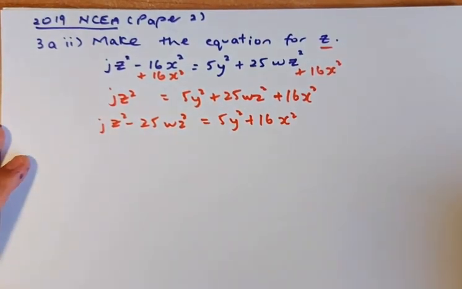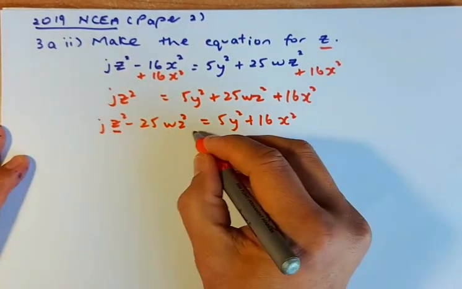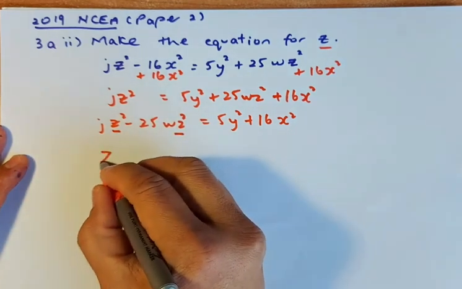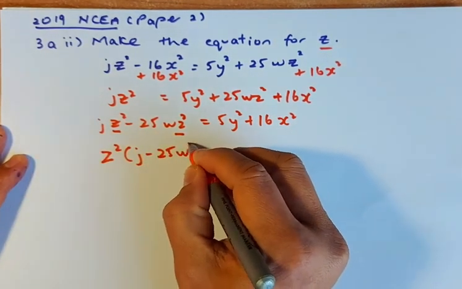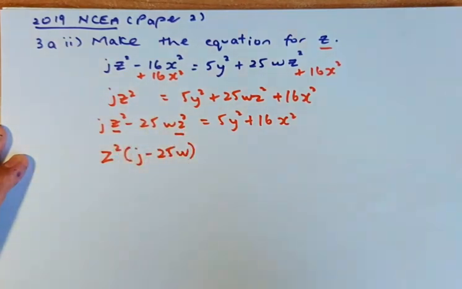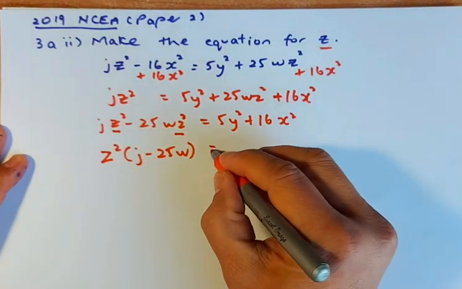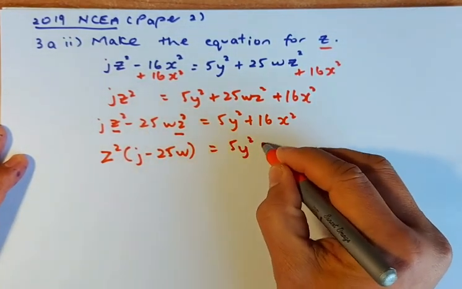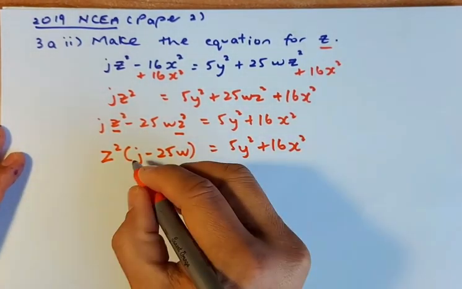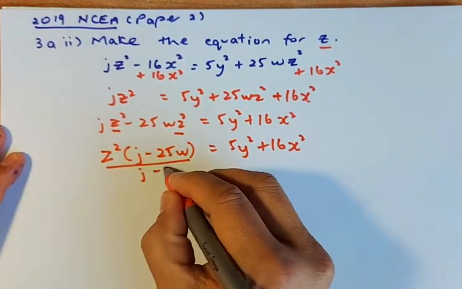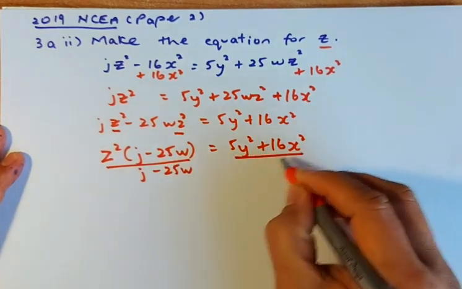Now you're going to factorize the z squared, because these are z squared and z squared. So you're going to factorize z squared (j minus 25w), because z squared is a common factor, equals 5y squared plus 16x squared. And then you're going to divide by j minus 25w on both sides.